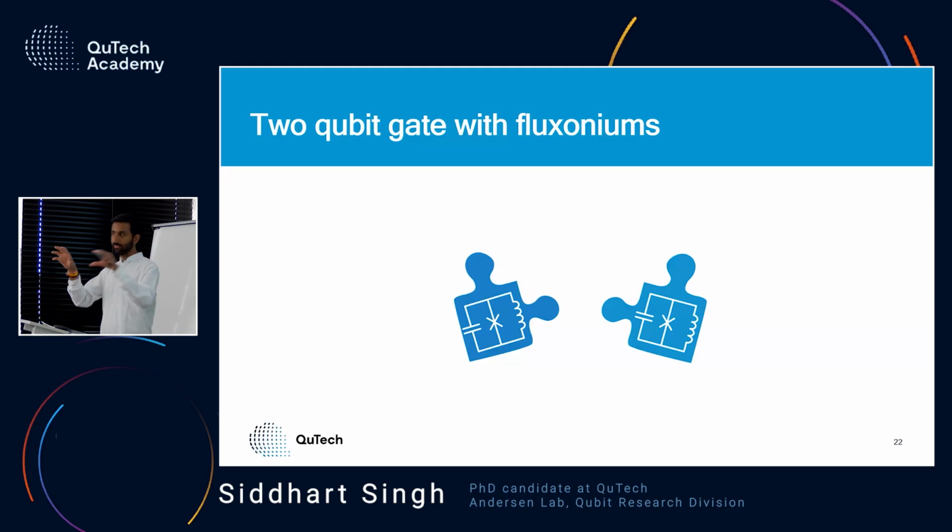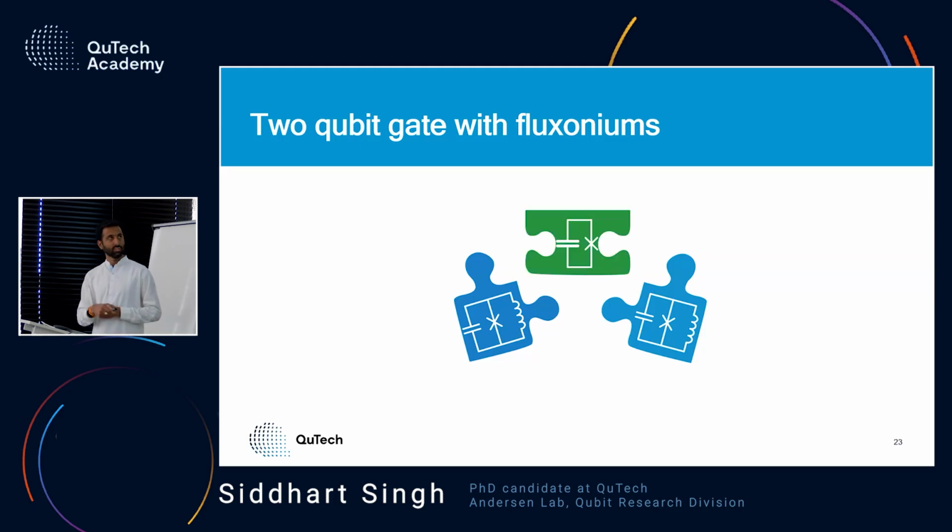Can you put them close to each other and couple them in a capacitive manner, or do you connect a wire between them and couple them in an inductive manner? But we want to avoid the constantly-on coupling which happens if you put them too close to each other, because this always-on coupling, in the field referred to as ZZ coupling, can lead to buildup of error, and that slows down the gate time.